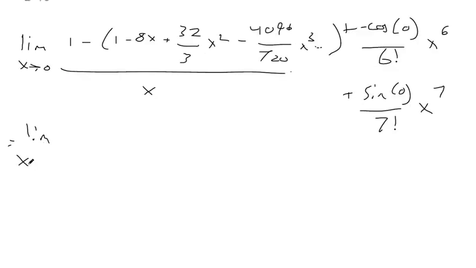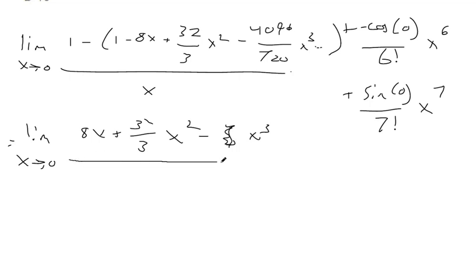So with a little bit of rewriting, we've got 1 minus 1 makes 0. And then you're changing all the signs because you're distributing a negative sign. So that's 8x plus 32 over 3x squared minus this big fraction, x to the third. Okay, I got lazy, I didn't write that fraction. But the whole point is that with the Maclaurin series, it keeps going, but eventually every term is going to have an x.